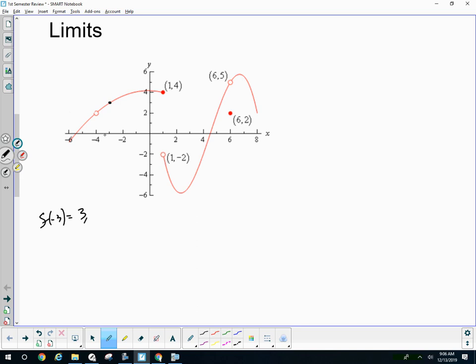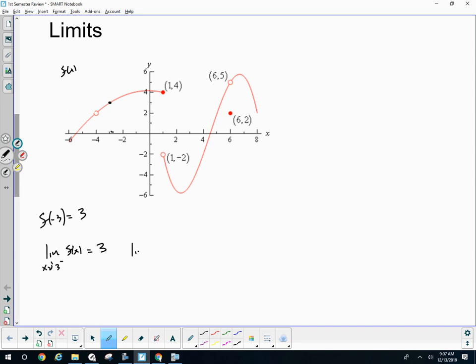Limits are about what's going to happen as we approach this x value, -3. I would write the limit as x approaches -3, either from the left or from the right, of f of x. If I go to the left of -3, I'm very close to this point 3. If I go to the right of -3, I'm very, very close to this point 3.